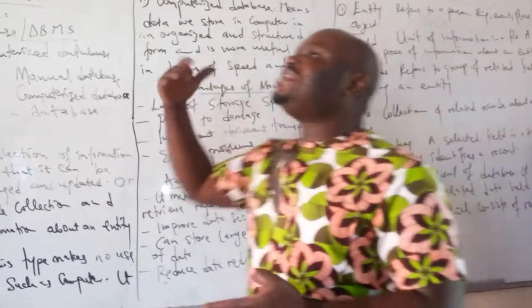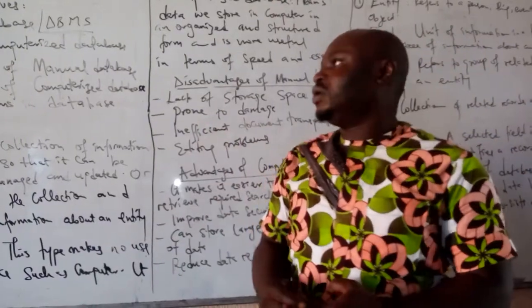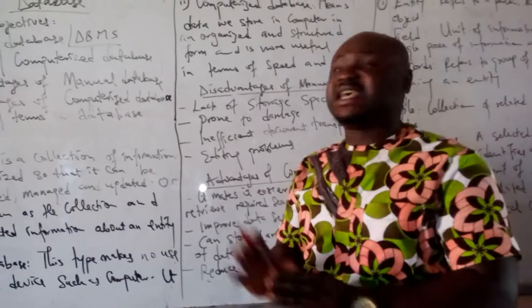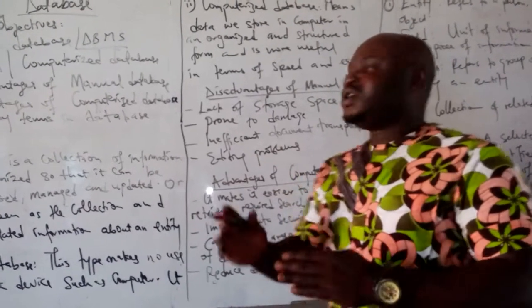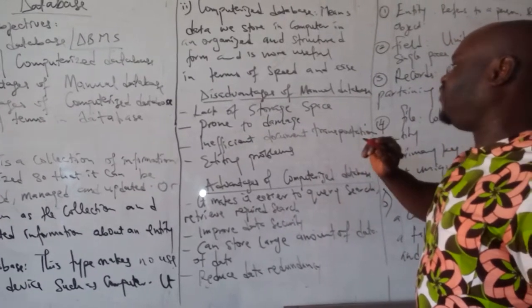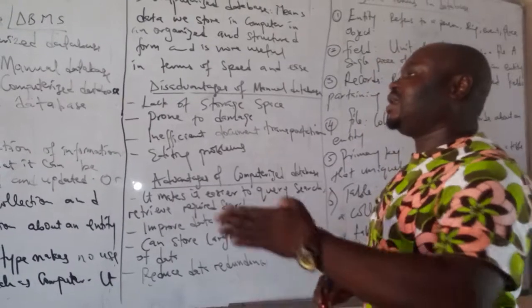You see that students' files since the inception of that school can occupy a large hall. But if the school is making use of a computerized database, everything will be stored in a computer, giving room for what? Space. So one of the disadvantages of manual database is what? Problem of space. Where will those files be kept?